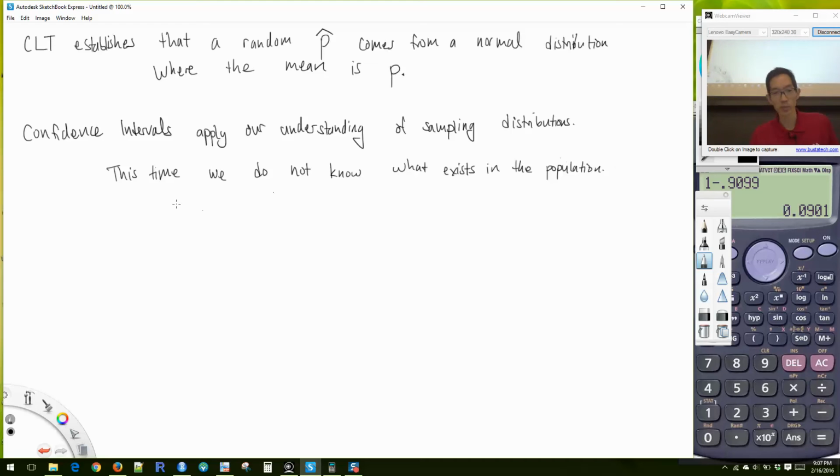We do not know, so we'll stick with candy pieces. We do not know what percentage of candies in the bucket are yellow this time.